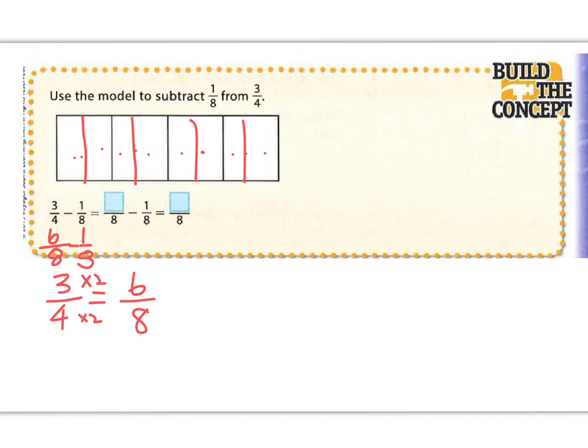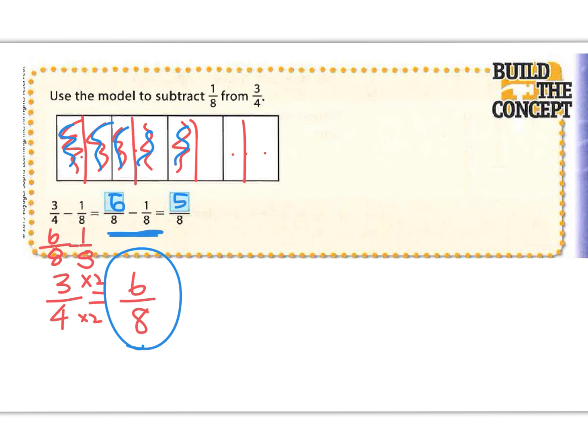If we shade in 6 of those, 1, 2, 3, 4, 5, 6, and then take away 1, so we take away 1/8, then we have 1, 2, 3, 4, 5 left. So 6/8, which we started with, minus 1/8 equals 5/8.